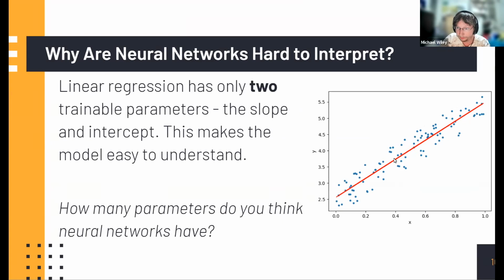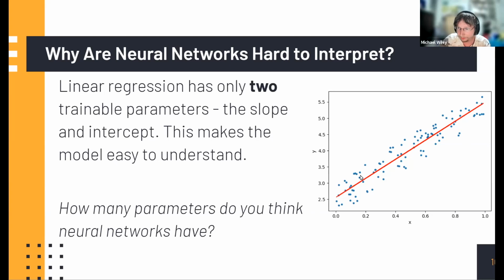The slope tells us that, for every change in x by one, the y will change by the slope. And what does the intercept tell us? The intercept, also called the bias sometimes, tells us where it's going to cross the y-axis over here. So it's very easy for us to visualize this with a nice graph, and it's also very easy for us to verbalize exactly what both of those parameters mean.